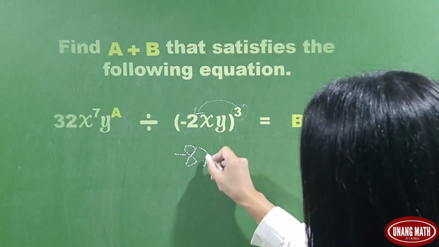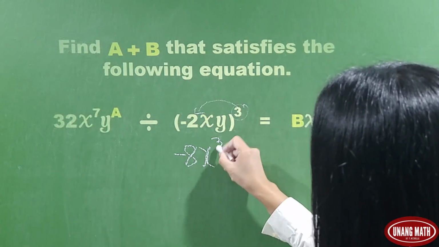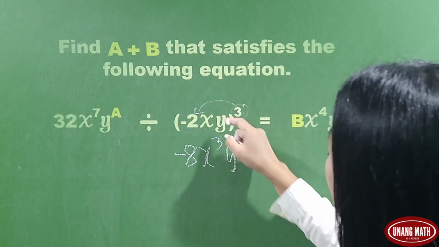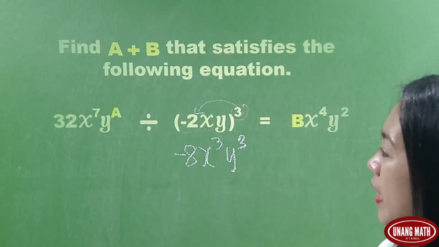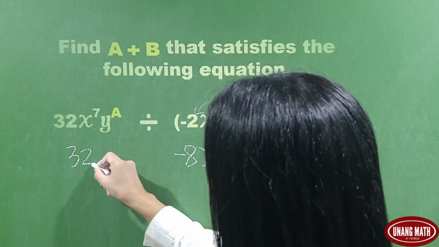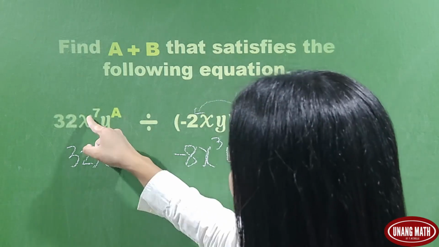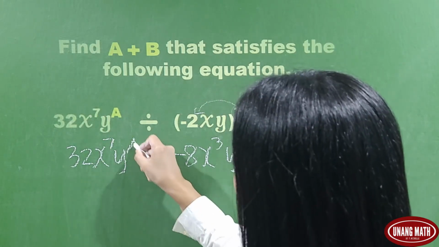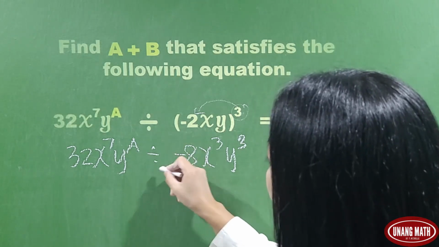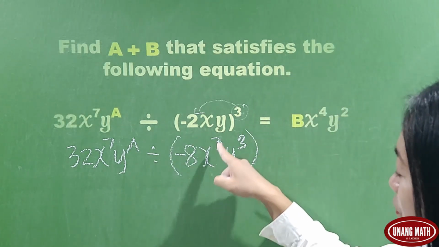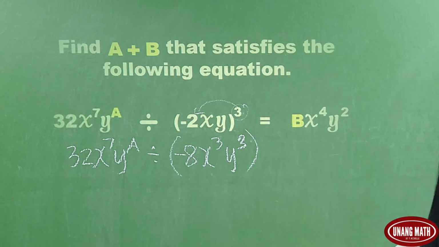Okay, x raised to the power of 3. This is y raised to the power of 3. So this is 32x raised to the power of 7, y raised to the power of a, divided by negative 8x raised to the power of 3, y raised to the power of 3.